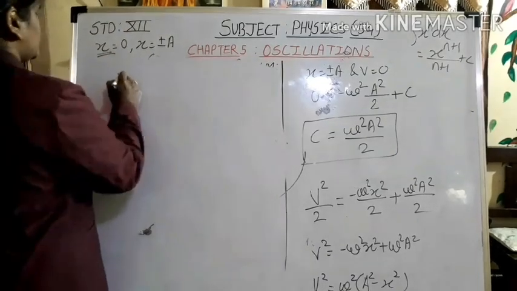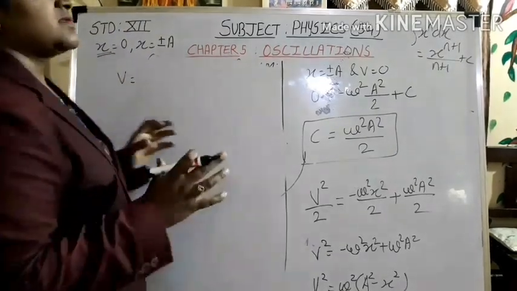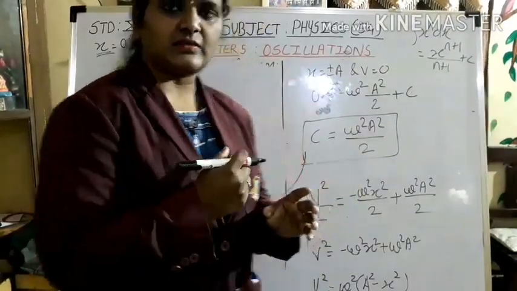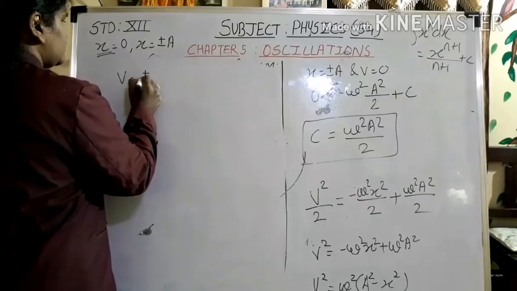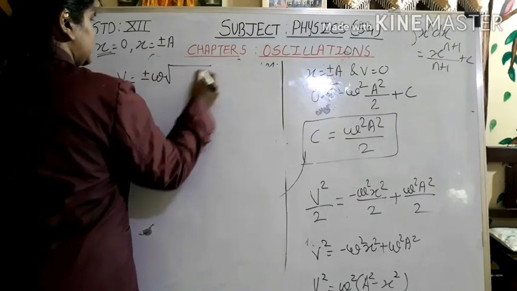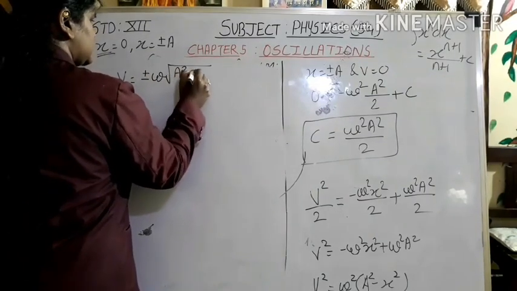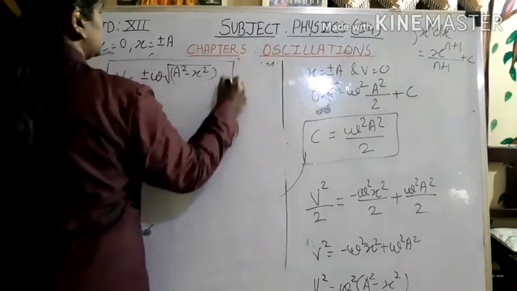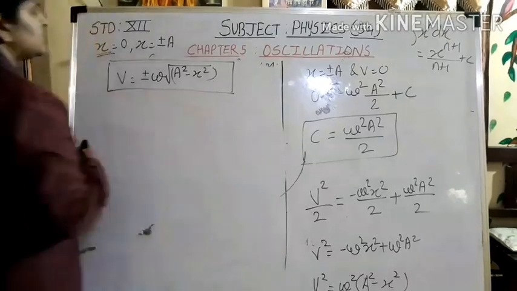So v is nothing but, as I am taking square root, I have to write plus or minus sign. Okay, so square root of omega square is omega under root a square minus x square. So this is the value for velocity.